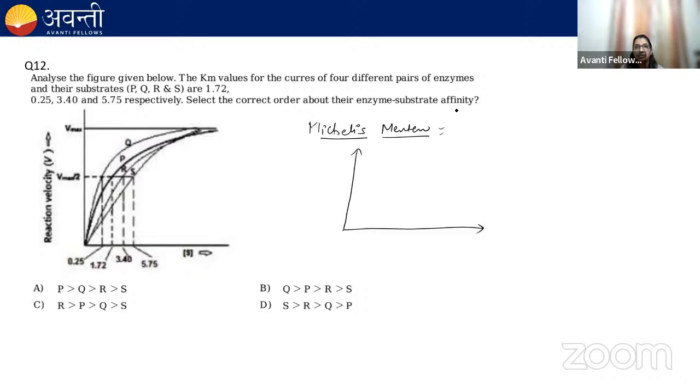Michaelis-Menten shows that the velocity or the rate of the reaction depends on the substrate concentration. When the substrate is present at a very low concentration and we increase its concentration, the rate of the reaction also increases.